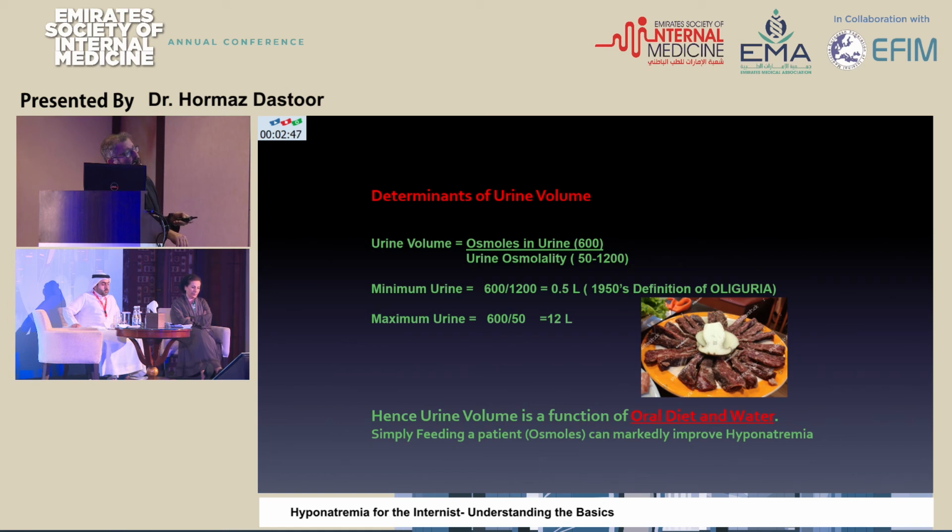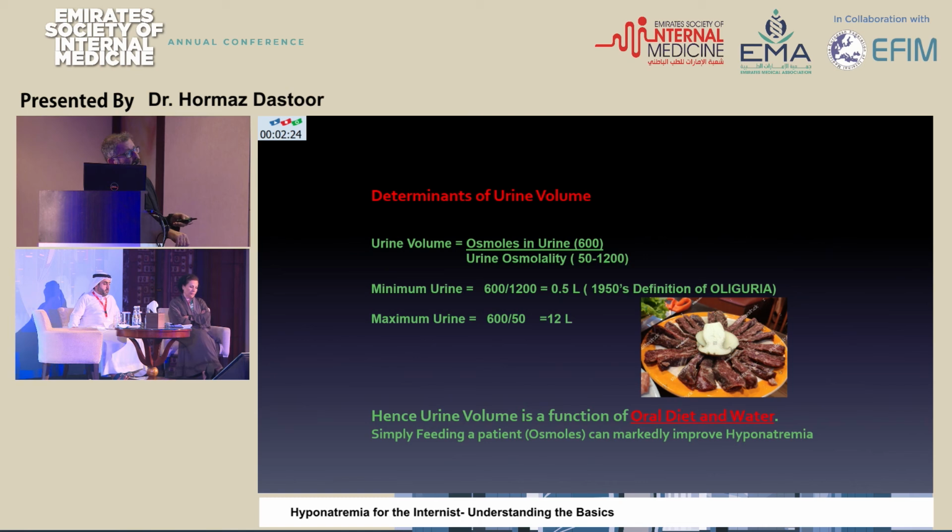So the minimum amount of urine you must pass a day, even if you don't drink any fluid, even if today you stop drinking water, but you just have a steak or something, you will still pass urine because these osmoles will force a diuresis in you, and you will, at a minimum, secrete around half a liter of urine.